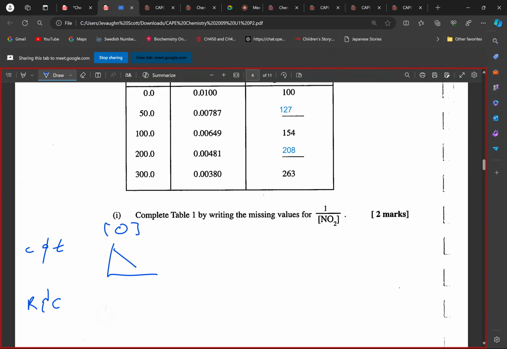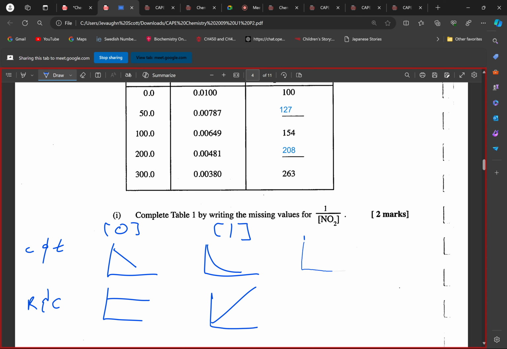With the rate graphs, it will look like this. First order, right? Our concentration time graph for first order will look like this, and the rate concentration graph will look like that.